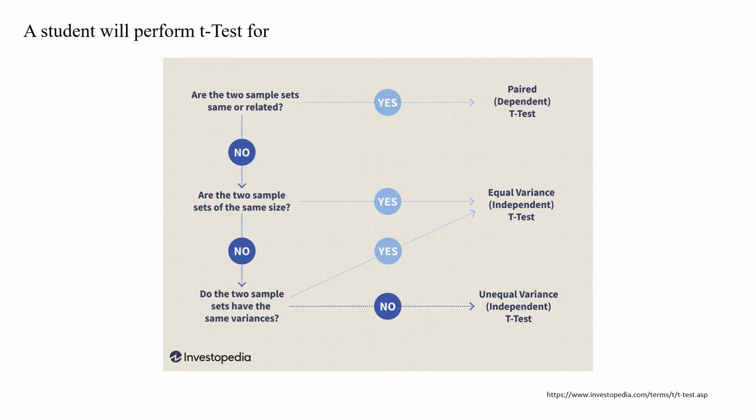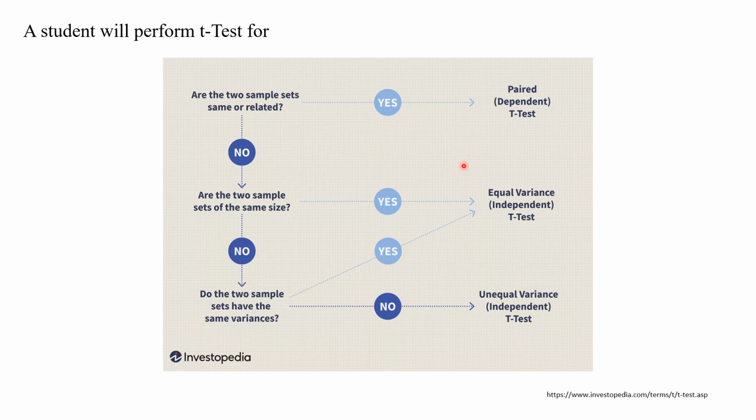The student can first determine if the sample sets, that is the two sets that he or she wants to test the hypothesis, are the same or related. If yes, they use the paired or dependent t-test. If not, they move on to the next question: are the two sample sets of the same size? If they are, we use the equal variance independent t-test, and if they are not, we check if the samples have the same variances.